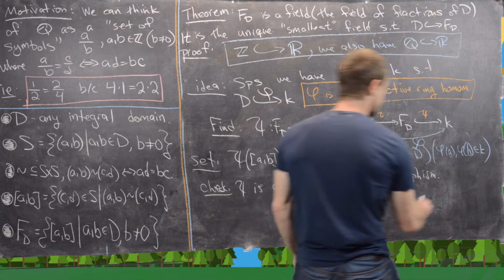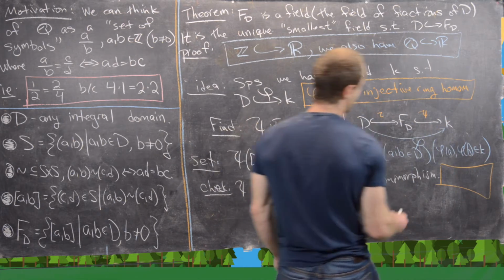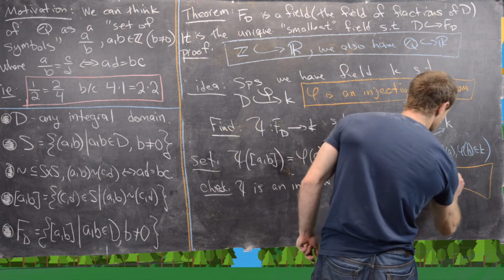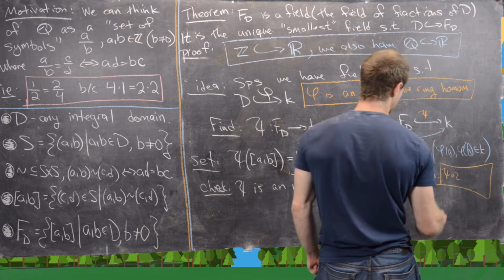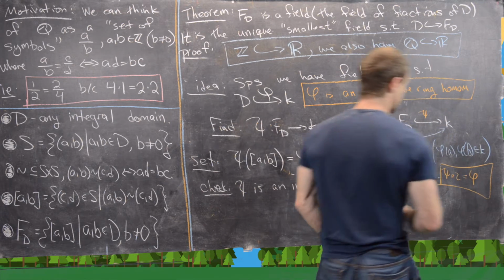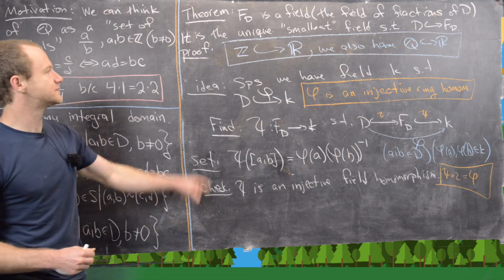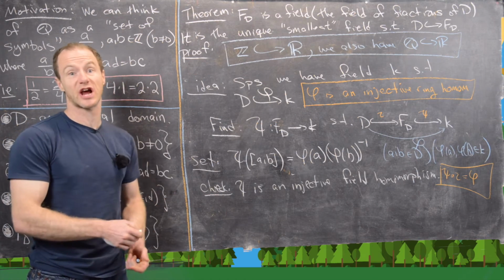In other words, we need to check that psi composed with iota equals phi. I'm running out of room, so I'll bring that up and then we will check these details.